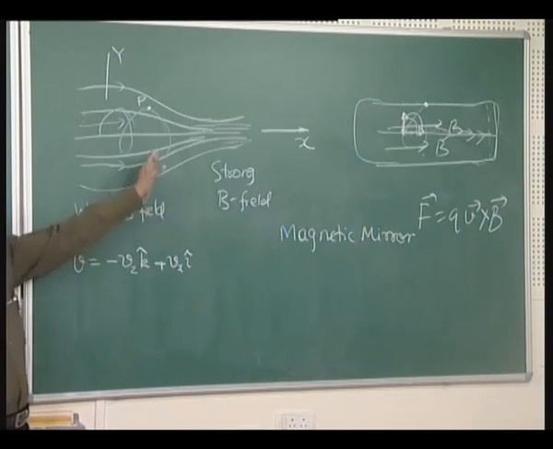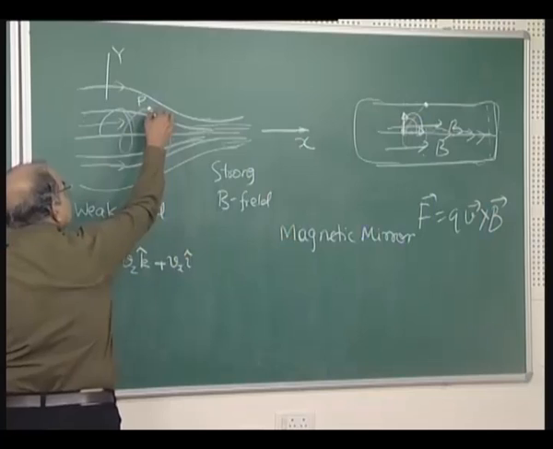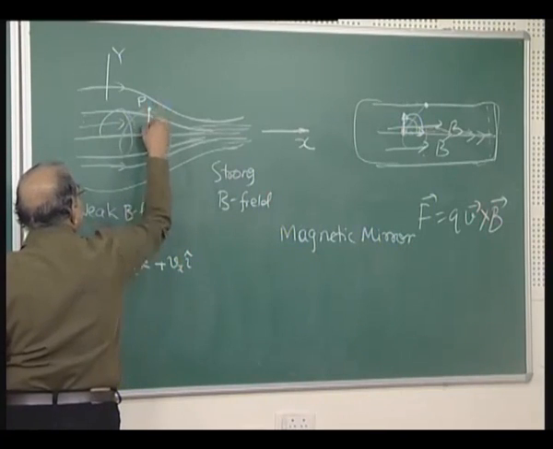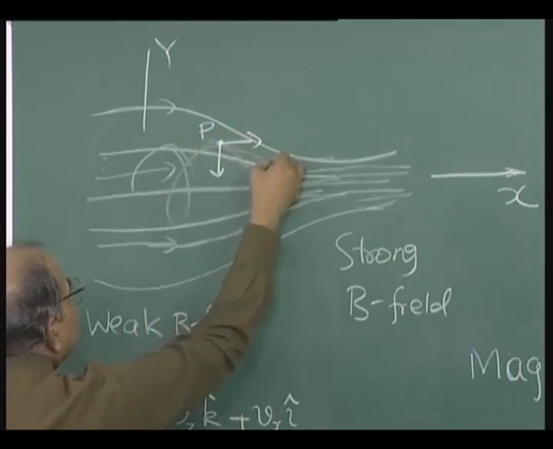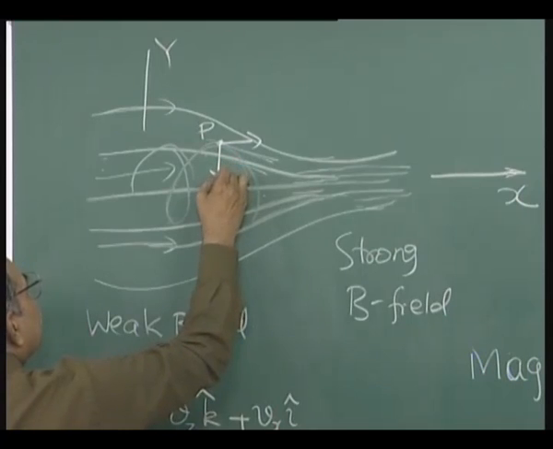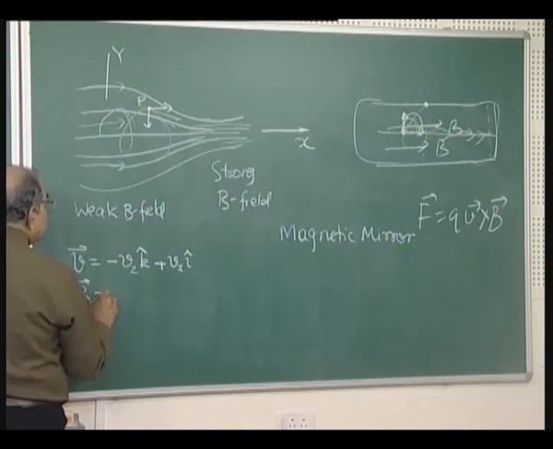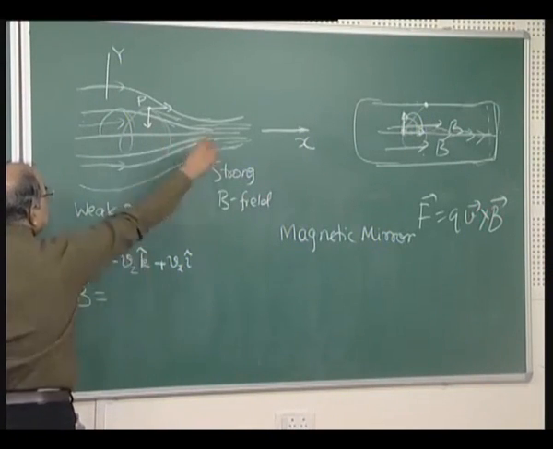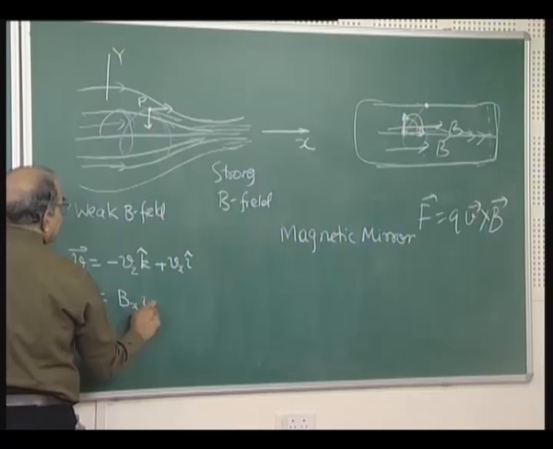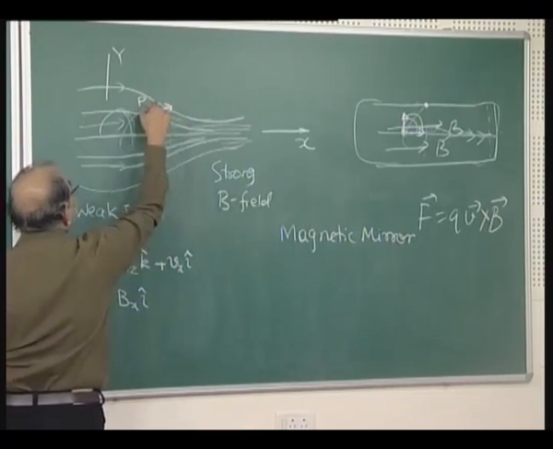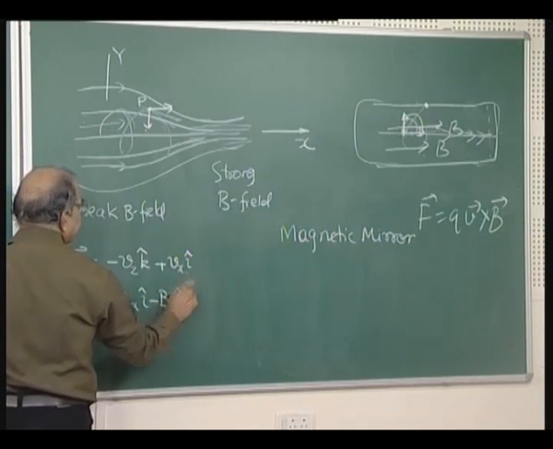And the magnetic field, as these field lines are bending, the magnetic field also has a component in this direction and in this direction. These are the directions of the magnetic field. So, B is equal to some B x in i cap direction, and then minus B y in j cap direction.